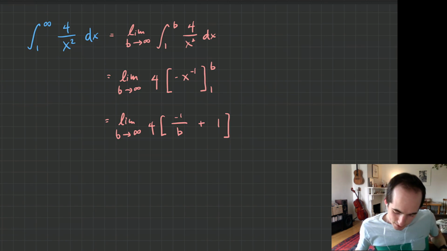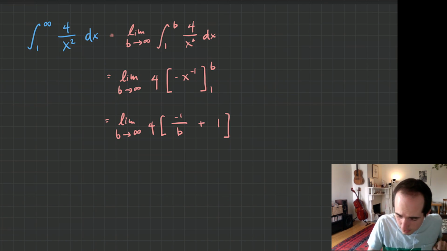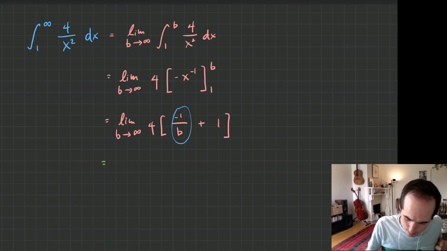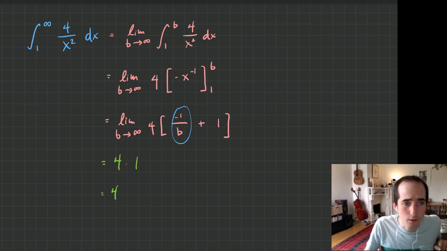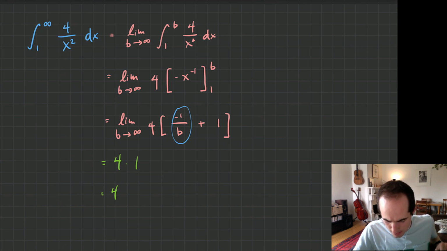Okay, so the limit as b goes to infinity, well, this thing would go to 0, right? So this is going to be 4 times 1, which is equal to 4. So that wasn't too bad. Any questions about that one?